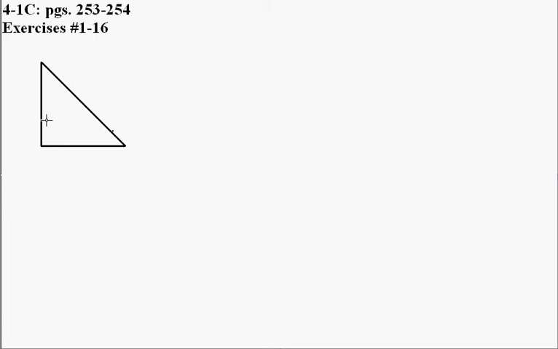That is our hypotenuse. This is a right triangle. And thus we've created a right isosceles triangle. So that's number one.